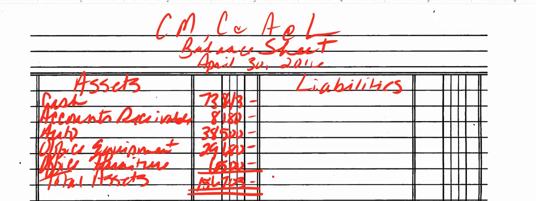Now we hope that we get that on the other side. That's what we're shooting for. So our liabilities was accounts payable, $20,980, and then we want to make this line up right, just to make it look really good.